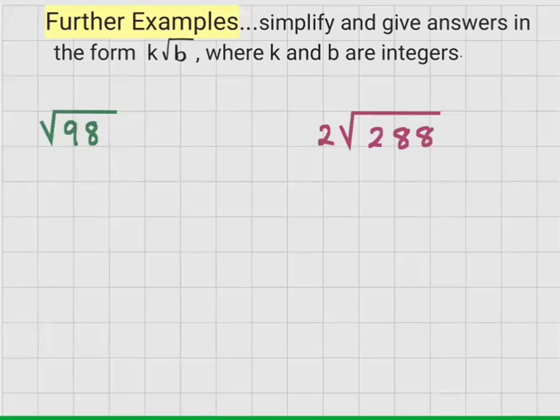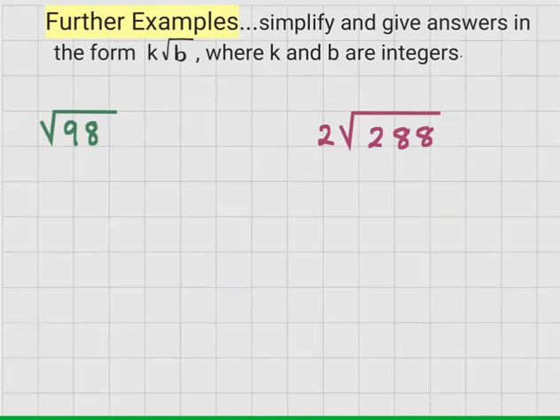Now, the question we have here says, simplify and give answers in the form K root B. We want to give our answers in this particular format, where K and B are integers.